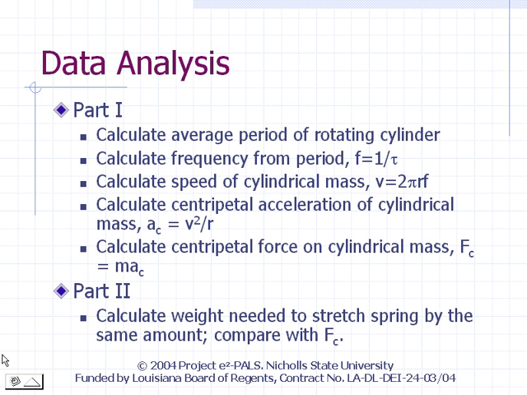From the speed and the radius, you can calculate the centripetal acceleration. Finally, you multiply the acceleration by the mass of the cylinder to get the centripetal force. Remember that the mass of the cylinder is engraved in the cylinder. The centripetal force that you calculate is the force that pulls the cylinder toward the center pin as it rotates in Part 1.